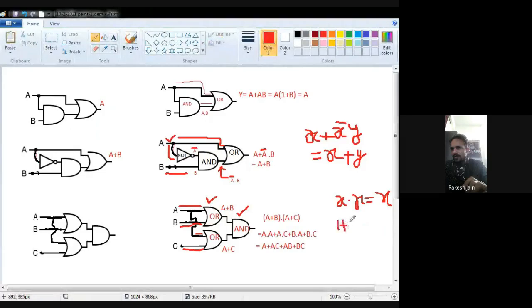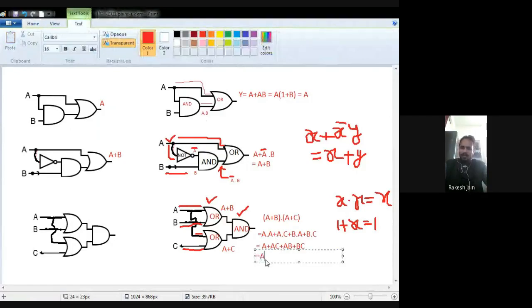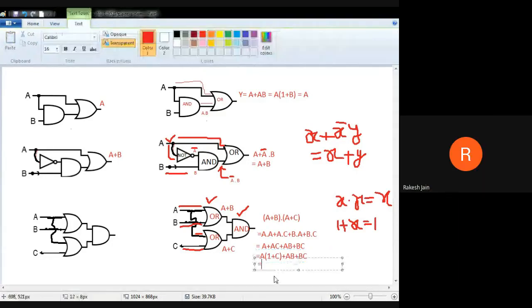We will use this rule here. In the first case A is common: A is the first term, the second term is AC, so in both terms A is common, and in the bracket 1 plus C will remain, then plus AB plus BC will be there. Now because 1 plus x equals 1, 1 plus C is equal to 1 only. So the remaining terms are AB plus BC.